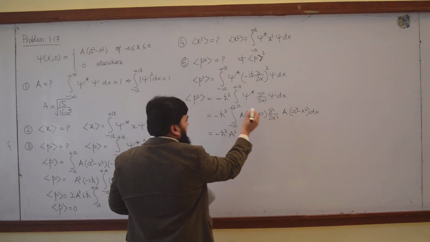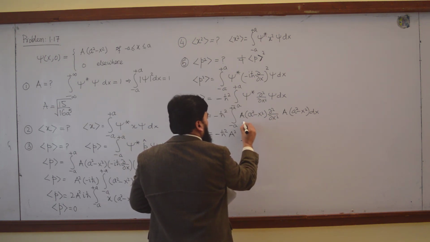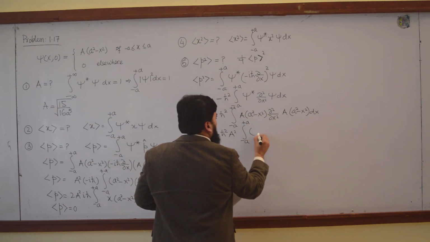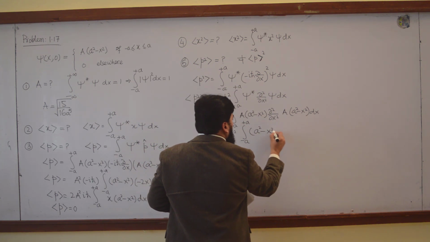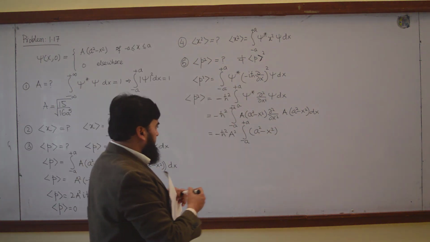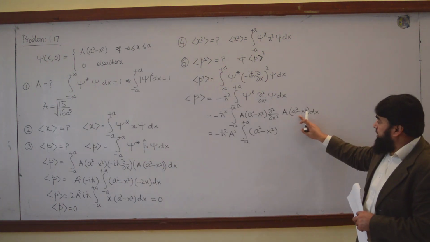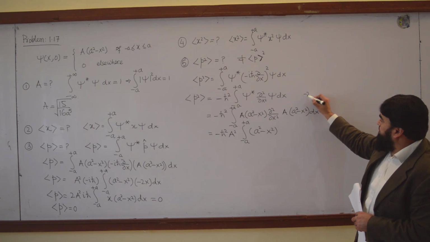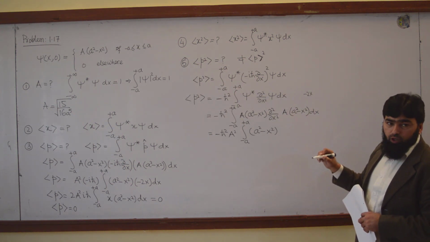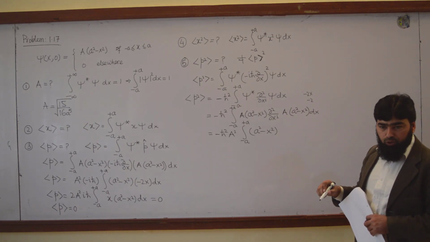A square will get out, and from minus a to plus a, a square minus x square. And now apply the derivative on this one. When curly by curly x is applied on this, it will make this minus 2x. When it is applied again, it will make this minus 2.